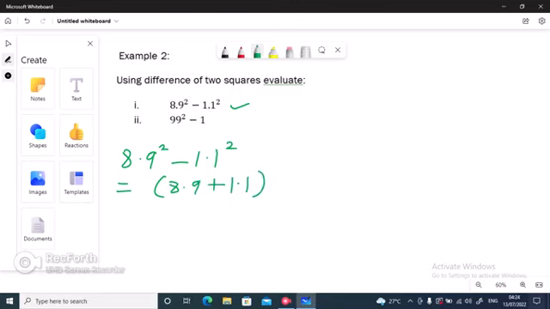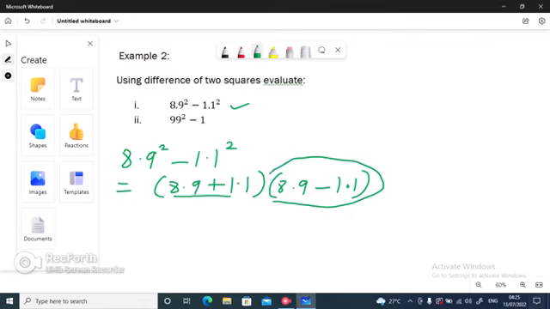Which is equals to, open your bracket, 8.9 plus 1.1, close bracket, open bracket again, 8.9 minus 1.1. Take note, we are using difference of two squares to evaluate. So let's expand this.